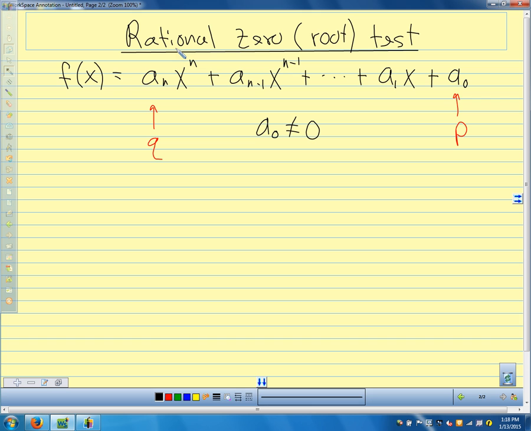What's a ratio? It's a fraction. So what makes a fraction rational? What kind of number is in the numerator and denominator?